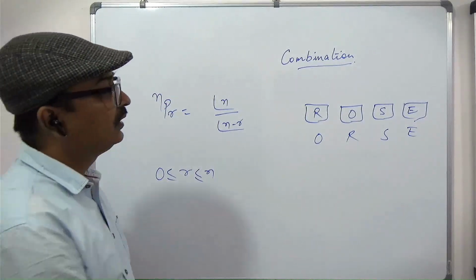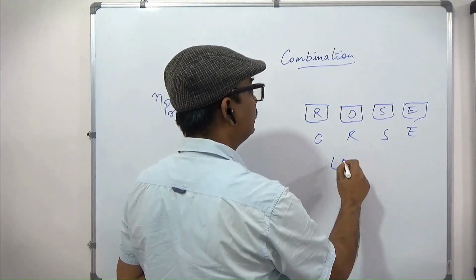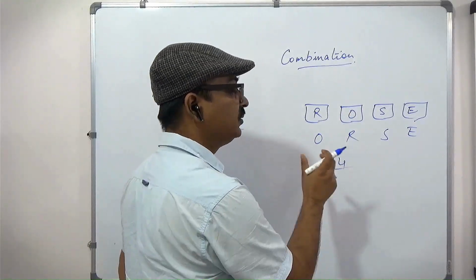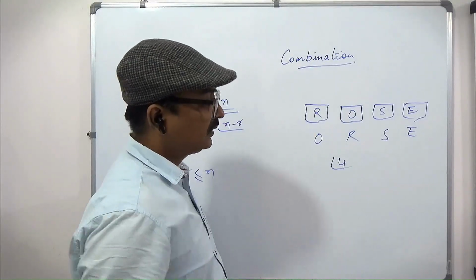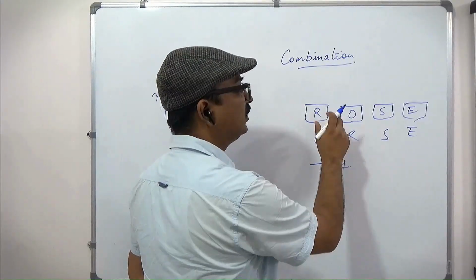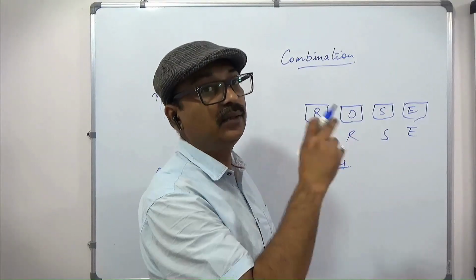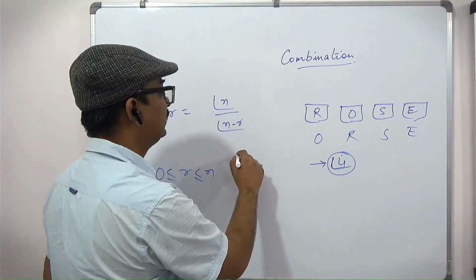Then for four slots, if we have four vacant places, we have factorial four number of ways to organize it in a definite order. That is nPr.